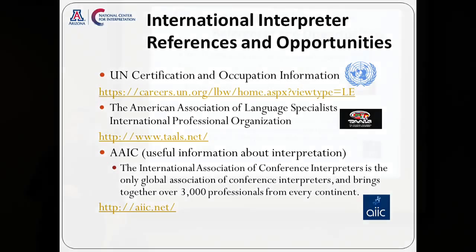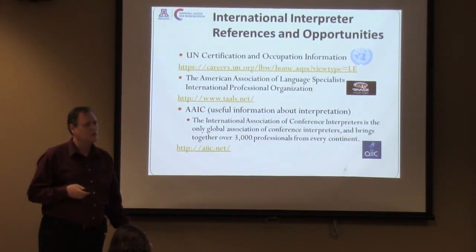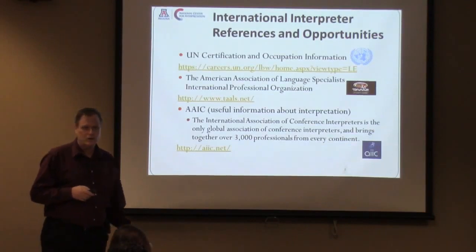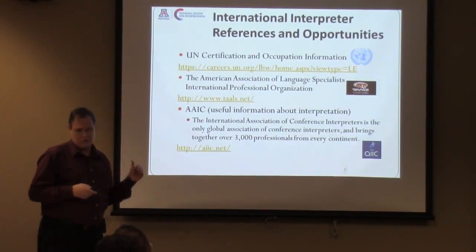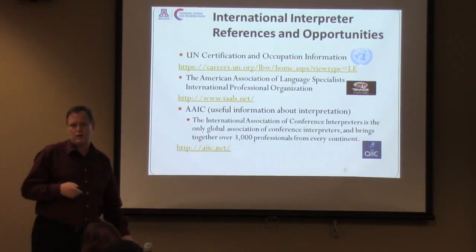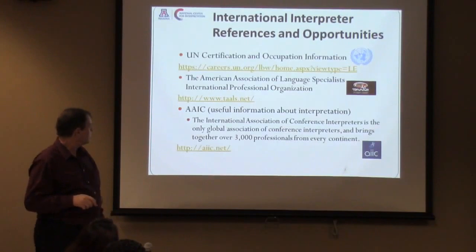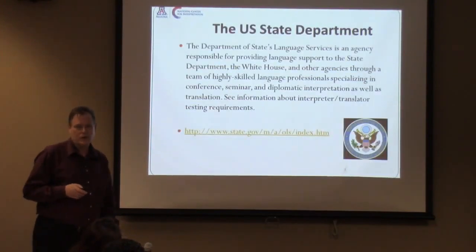I'll let you look at those on your own, because all three of these areas have great resources for people interested in certification. And you also get to read about what it takes to become a member of these two, and then what it takes to become a UN interpreter, which is a very high status interpreter position.